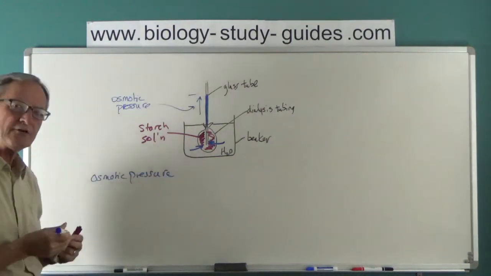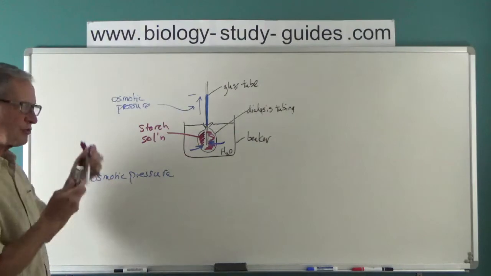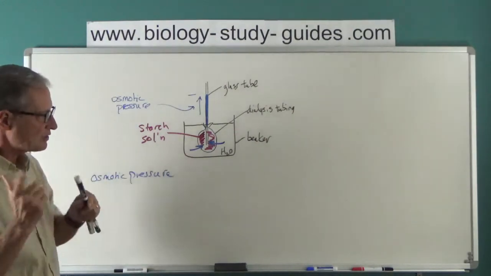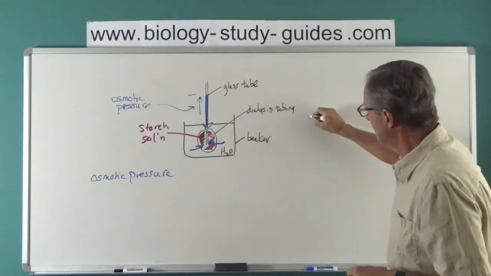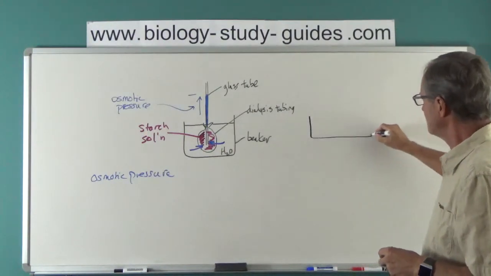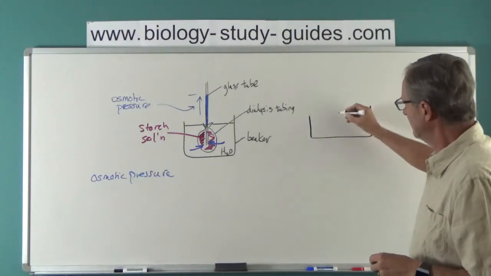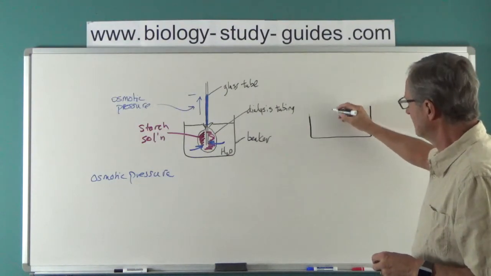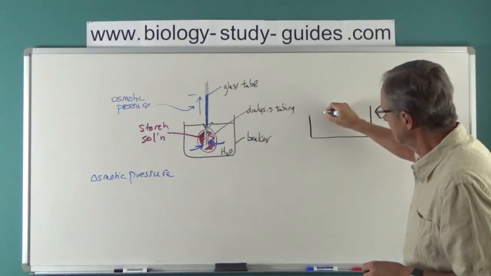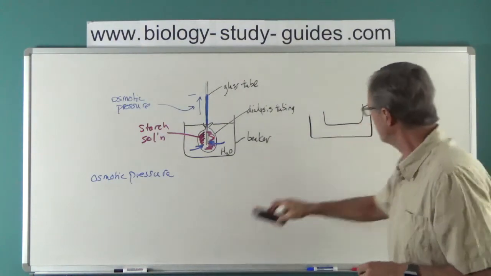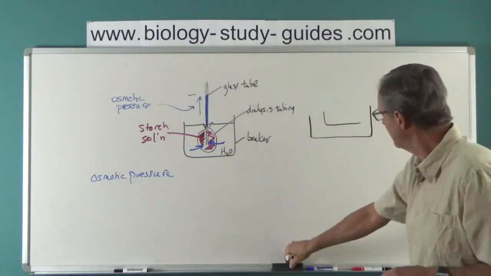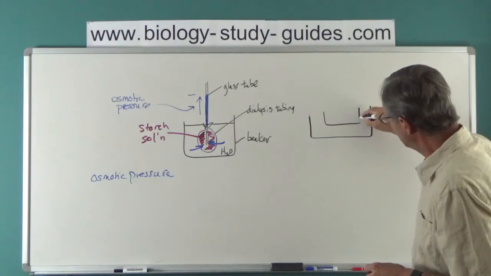If you take a look at a different apparatus, I can illustrate it and I'll come back and explain this. Osmotic pressure, this is even a little bit fictitious here. We could take a U-tube. A U-tube is a U-shaped piece of apparatus that has a membrane at the bottom of it.